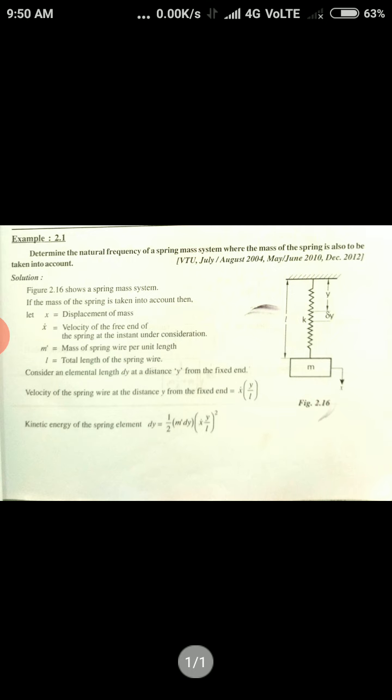Also you can observe in the sketch that one end of the spring is fixed, and the other end of the spring is attached to the mass m.